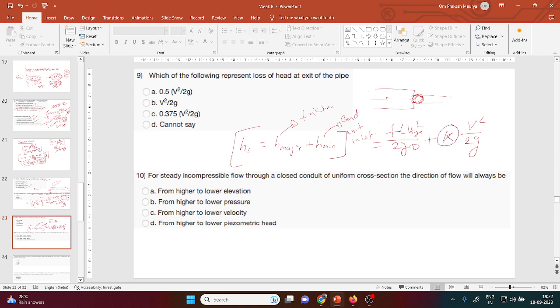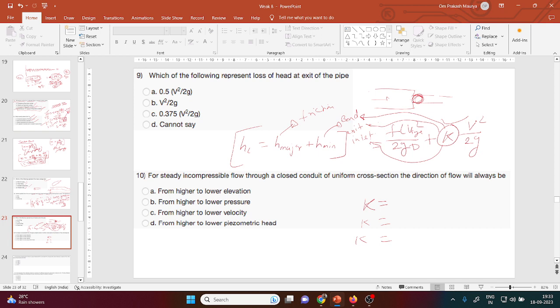K is a factor. It depends on which type it is, for a bend it is a different K, for exit it is different, for inlet it is different. So there are lots of K values for different cases.